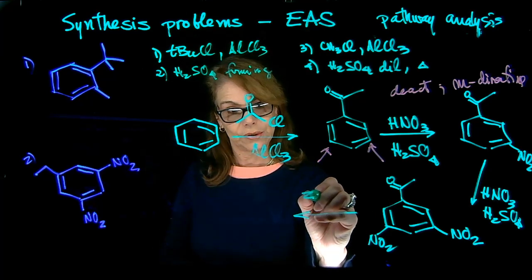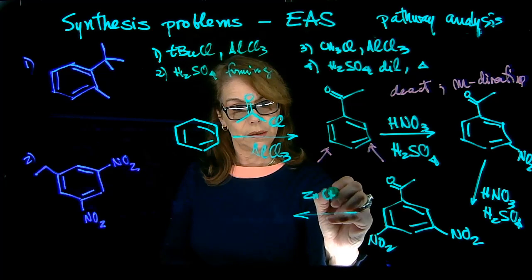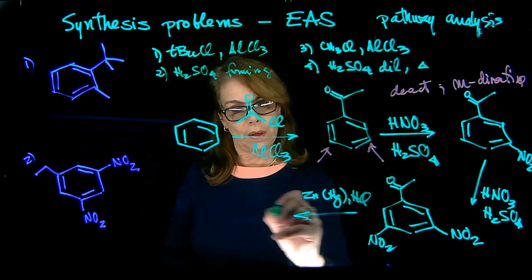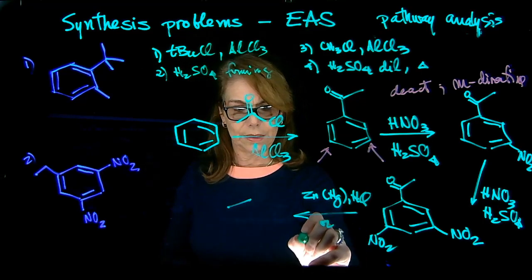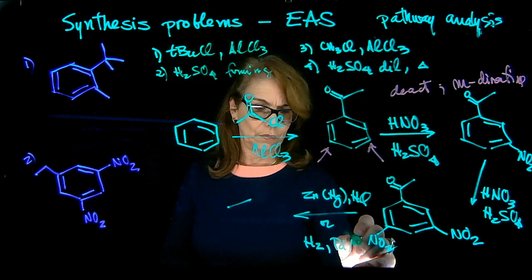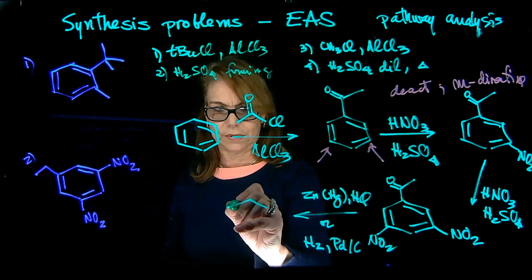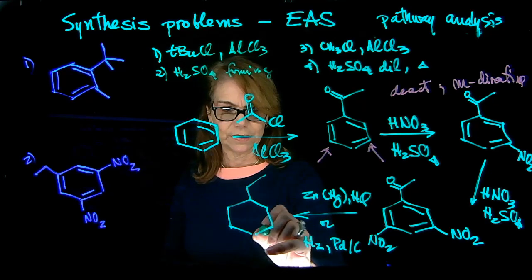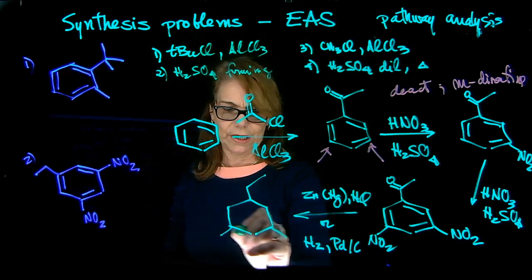And here we can do Clemmensen, zinc, mercury, and that's HCl. Or let's do this hydrogen, and we can do palladium with carbon. That's another condition that can give you the reduction. So here you will have the ethyl group and nitro here.